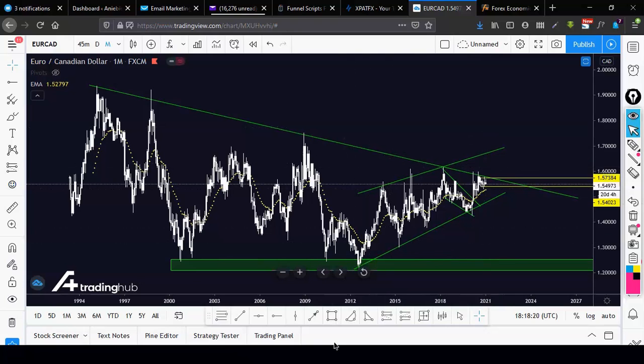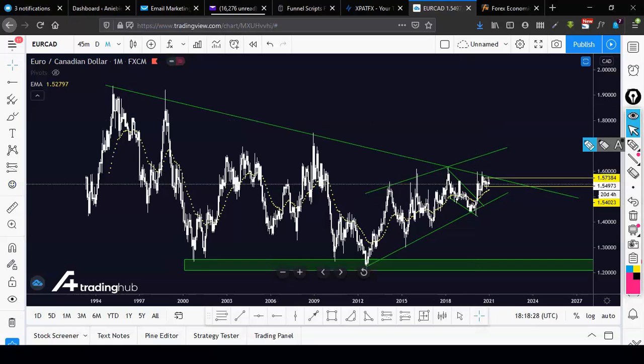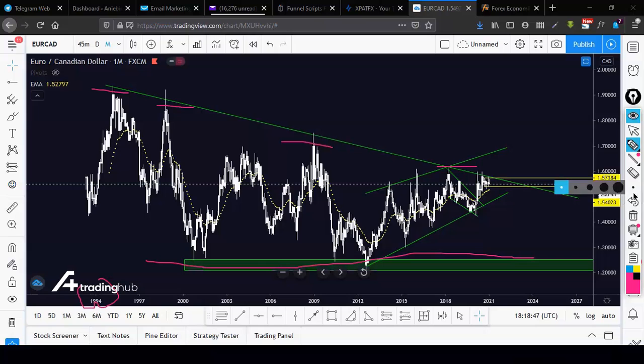I have the channel, but the resistance trend line is what I did not. If you look at the overall trend on Eurocard, you realize that price has been long-term bearish. Since 1994, having a series of lower highs, but price has not traded below the 1.200 zone.